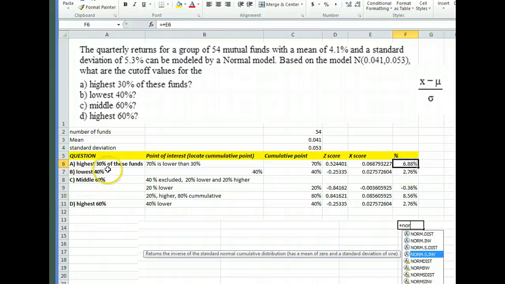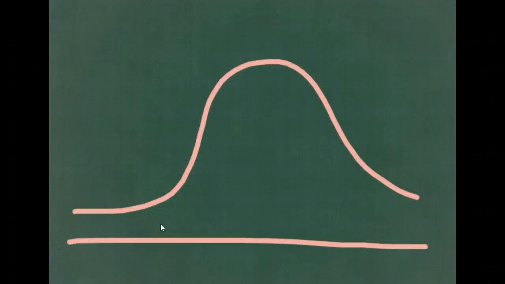The next question is wanting to find the lowest 40%. Clearly, the cumulative point we're going to look at on the graph for the lowest 40% is just 40% here.